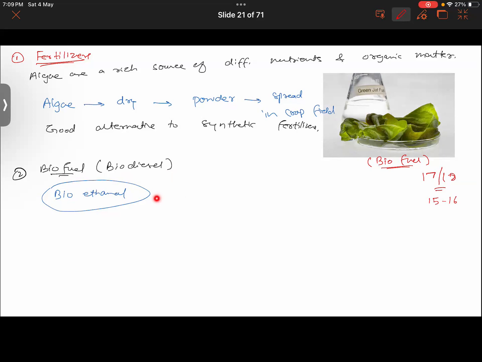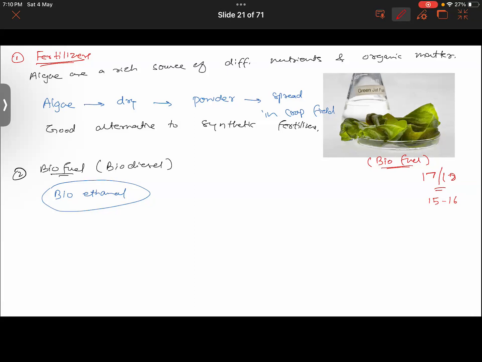The process is quite complex, but just understand that biofuel is being prepared from the algae. Thereby, we would be using different waste from the farmland, like maize, wheat, or rice, or different other components from the farmland. Hope you guys are able to understand this. Getting it, guys, what I'm trying to say? Yes, sir. Okay, no? I didn't get.